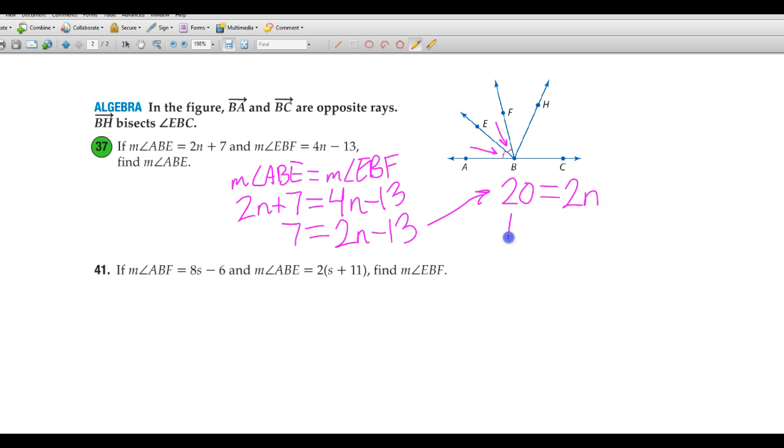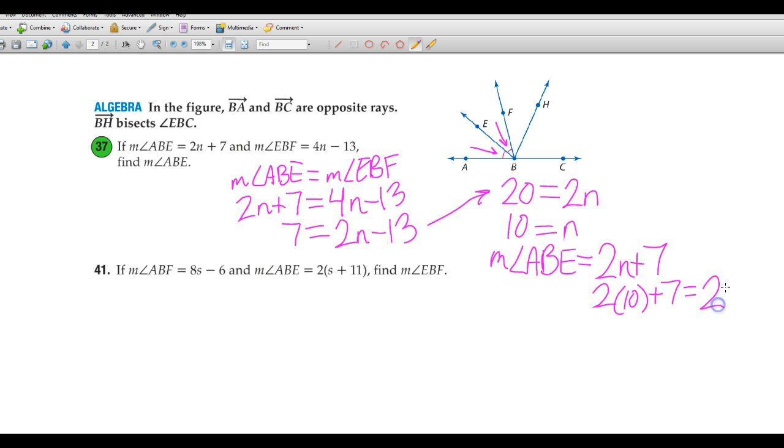And divide both sides by 2. And then go back to the problem. Let's see what we ultimately had to find there. The measure of angle ABE, which is 2n plus 7. So if we substitute in for n, we would get 20 plus 7 or 27 degrees.